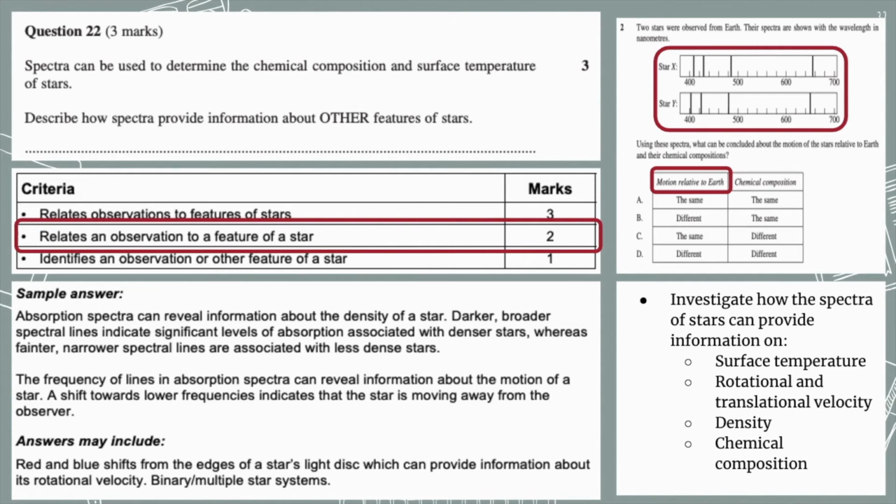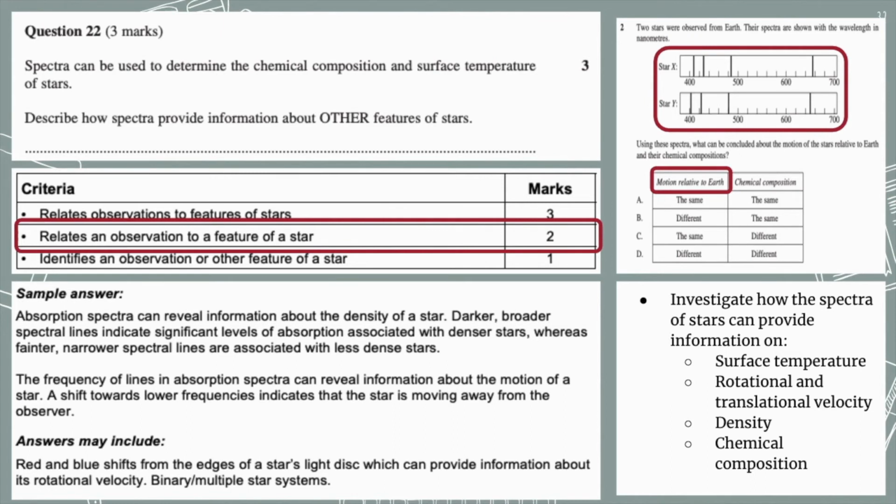It has also addressed the motion of the star. Lower frequencies indicating that the star is moving away from the observer, so we are having a redshift effect take place. If we want to talk about the rotational velocity, we will talk about the broadening of spectral lines due to the red and blue shift occurring as a result of the star spinning relative to the observer.